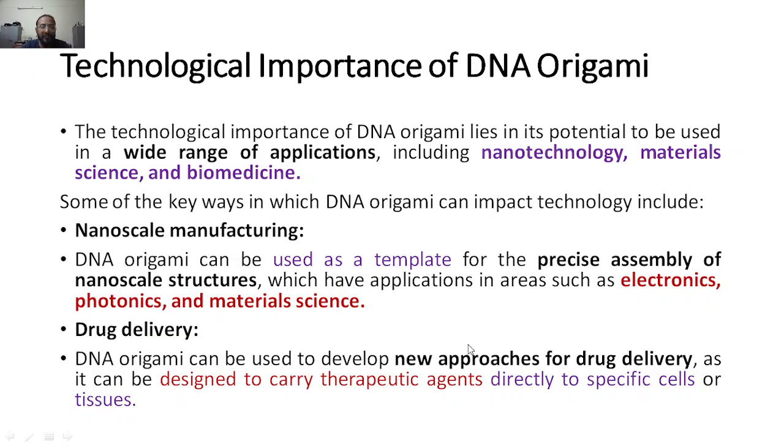Next, drug delivery systems. I have explained what a drug delivery system is. It is a new approach, as it can be designed to carry therapeutic agents, which are nothing but drugs, directly to specific cells or tissues. This technology has been successful in preclinical trials in the US and European countries, including Germany, Sweden and Switzerland, and even in the Middle East, like Dubai and Saudi, a lot of research has been going on recently.